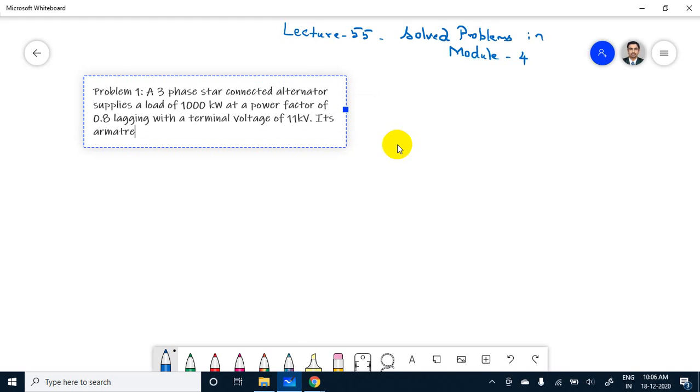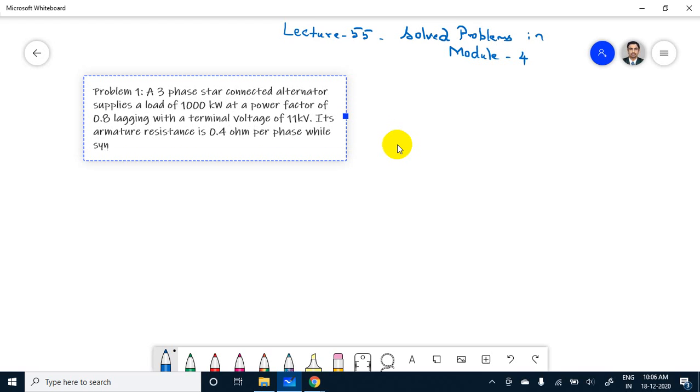Its armature resistance is 0.4 ohm per phase, while synchronous reactance is 3 ohm per phase.